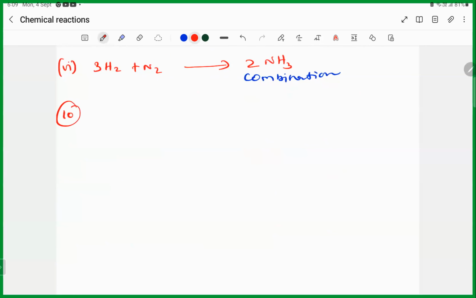10th question. When an iron rod is kept dipped in copper sulfate solution for some time, a brown coating is formed on the iron rod.